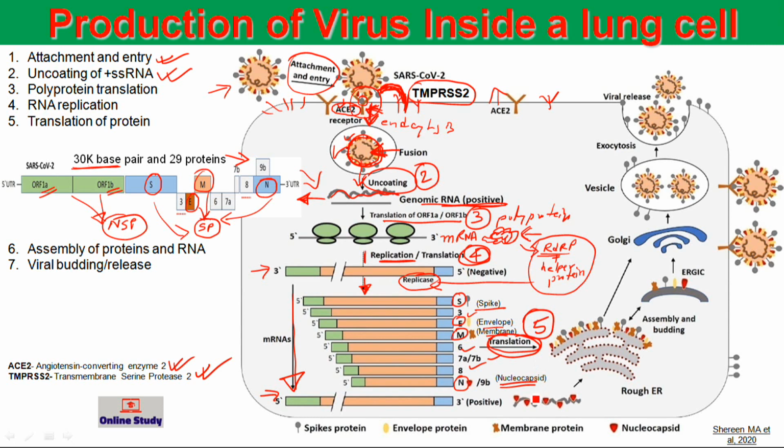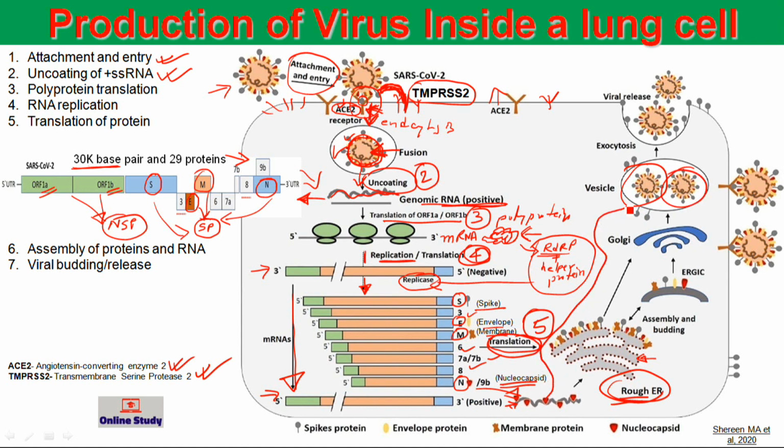So these proteins are mainly translated in the rough endoplasmic reticulum. Normally, the endoplasmic reticulum contains ribosomes, which are seen here. That's why it is called rough endoplasmic reticulum. Then these proteins are assembled into a virus particle with its RNA and nucleocapsid protein.